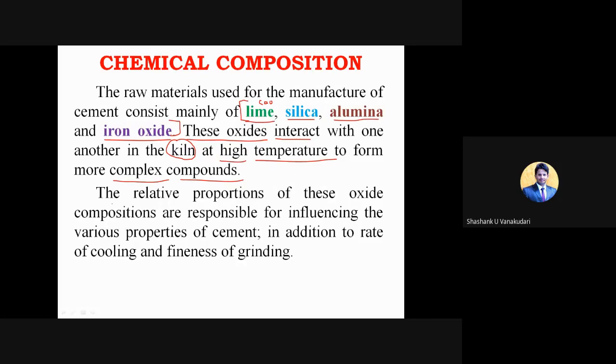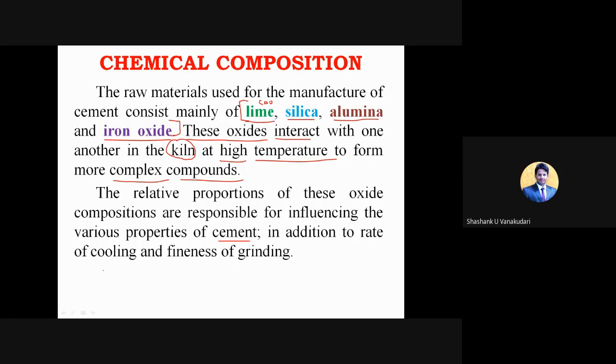The relative proportions of these oxide compositions influence the various properties of cement, in addition to the cooling and fineness of grinding. These chemicals in the proper proportions give certain properties to the cement.